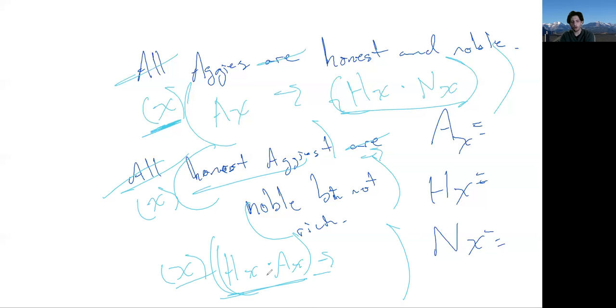If you're both honorable and an Aggie, then you must be noble but not rich, so we have to throw rich down here, and you're not rich. I'm sure there's plenty of rich Aggies. So this is saying all honorable Aggies are noble but not rich.